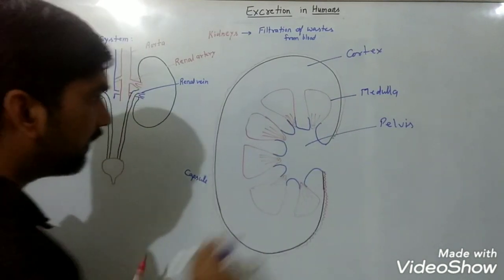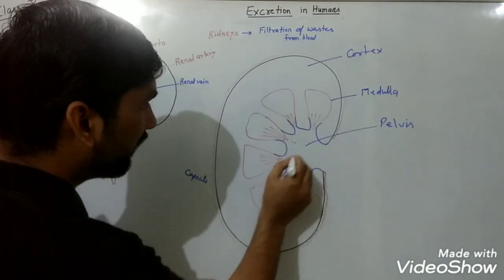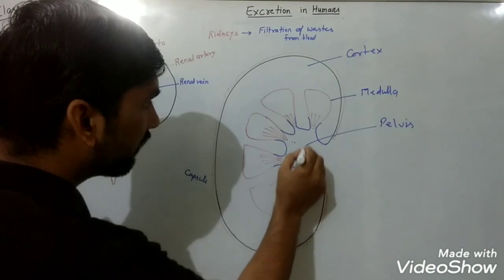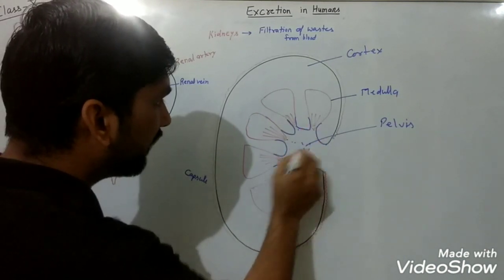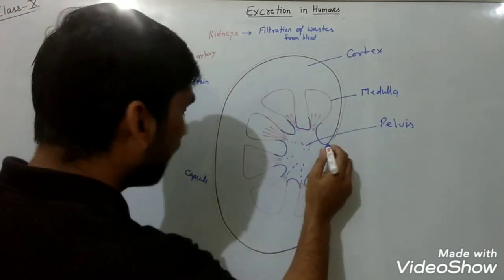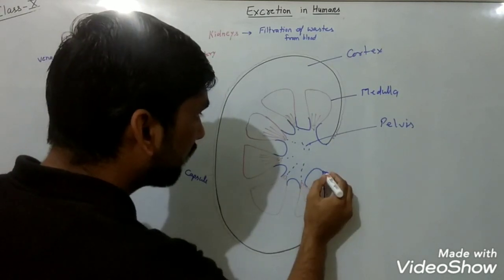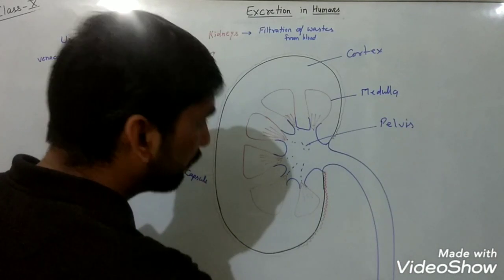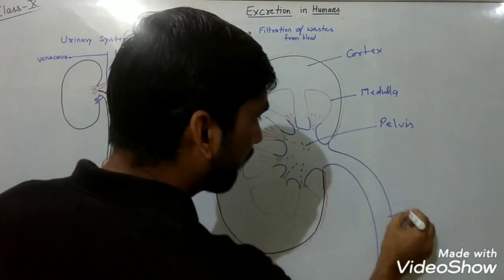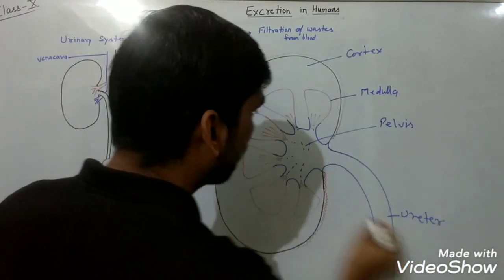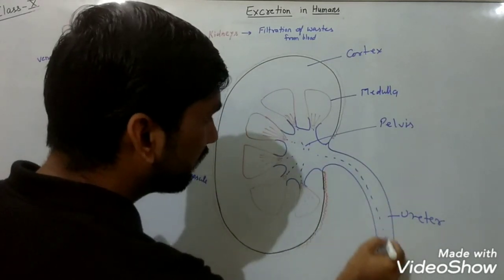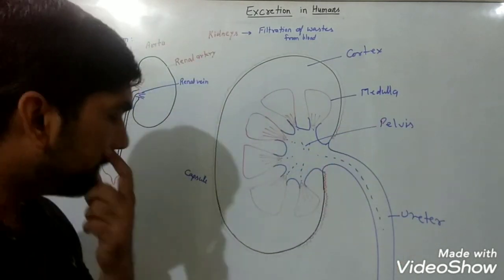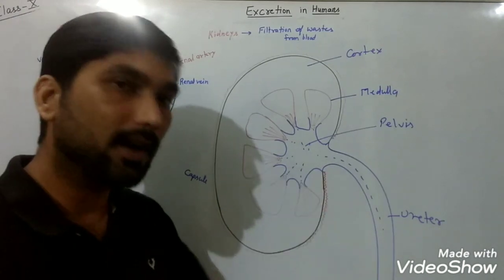Finally the filtrate comes here from each of the tubules, and then it is sent by the ureter, and now this will be sent to the urinary bladder, to flush it out.